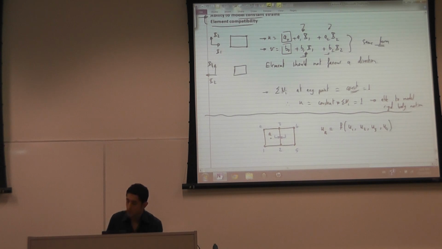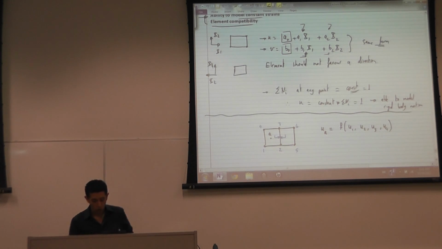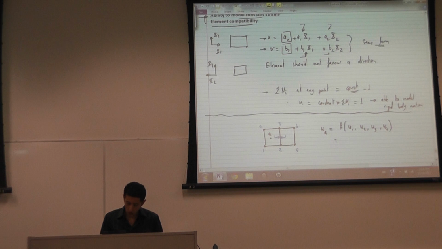It's a weighted average, because it's equal to N1 U1 plus N2 U2 plus N3 U3 plus N4 U4. It's a weighted average according to how far I am from nodes 1, 2, 3, and 4.